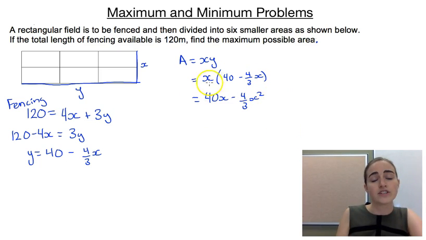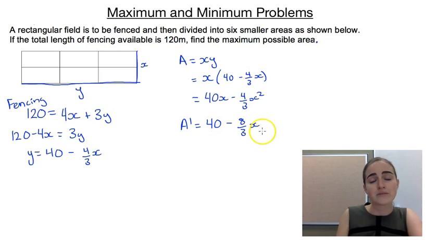So this equation here, this function, represents the area of this whole field based on what we make the width. So what we can do if we want to maximize the area is we're going to differentiate this function and find the maximum. So differentiating that function, we would have 40 minus 8 over 3x.